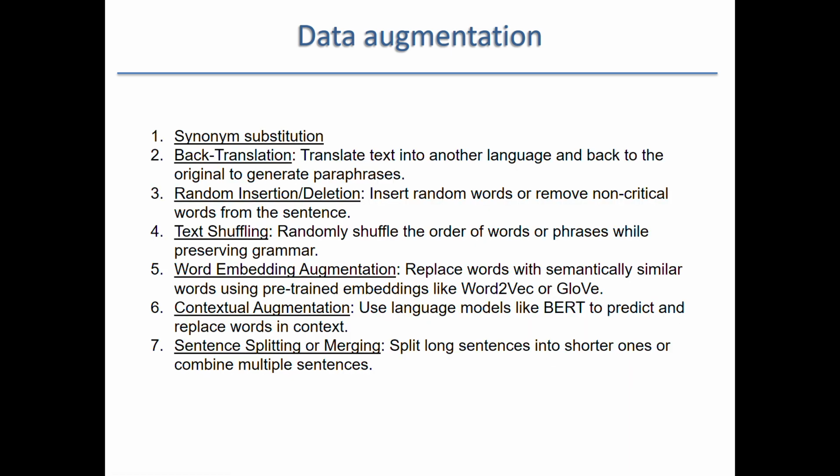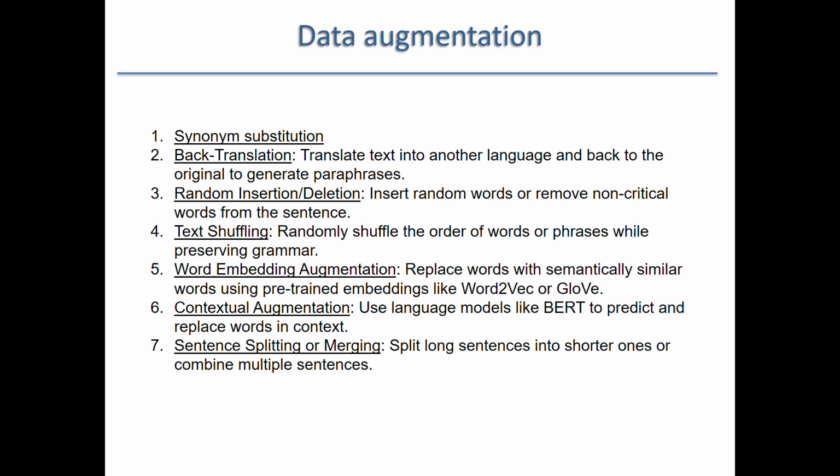What about words? So when you have words, you can substitute some words by synonyms, or let's say that you have a text. You have to decide whether it is a positive or a negative comment on something, and then another possibility to have more text is back translation. So you have the text in English, you translate to Spanish, and then from Spanish you translate it back to English.